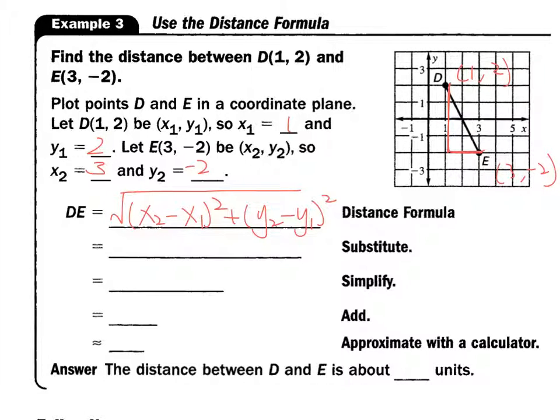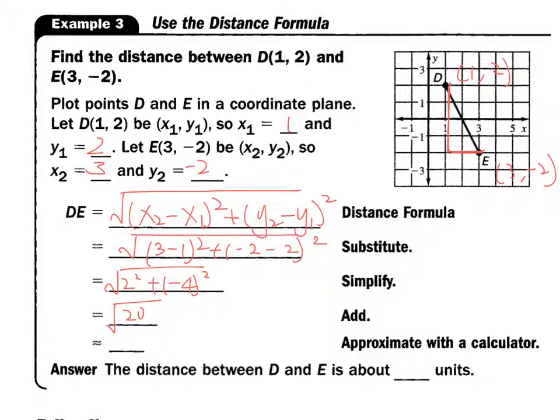If I square them and add them together, that gives me the square of the hypotenuse. So now if I plug in my numbers, x2 is 3 minus 1 squared, y2 is -2, a negative number, so I have to be careful, minus y1, which is 2, squared. So I should end up having 2 squared plus -4 squared, so I should have the square root of 20.